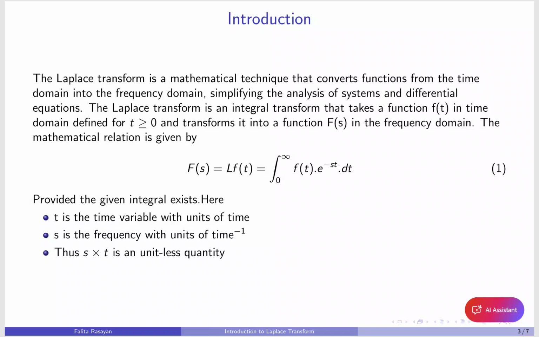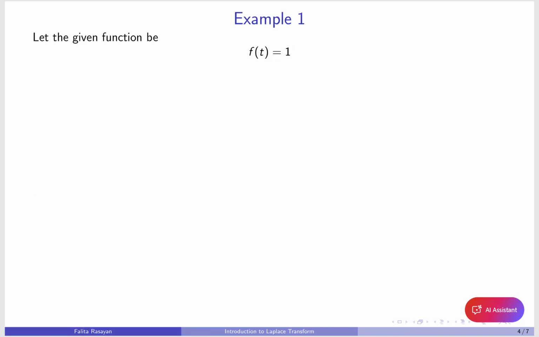Here t is the time variable with units of time, s is the frequency with units of inverse time, thus s times t, which resides at the power of e, is a unitless quantity.